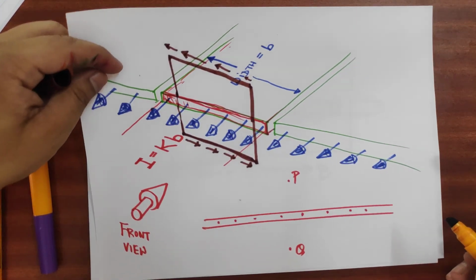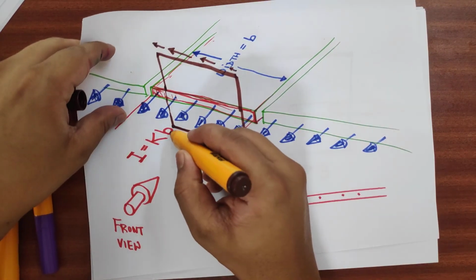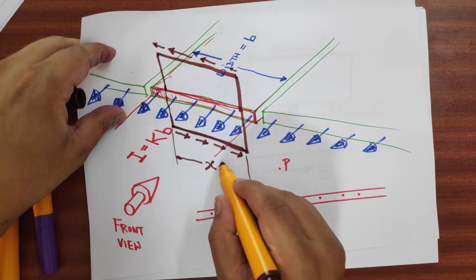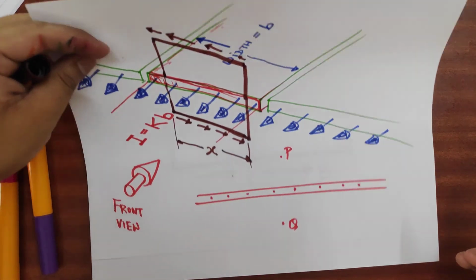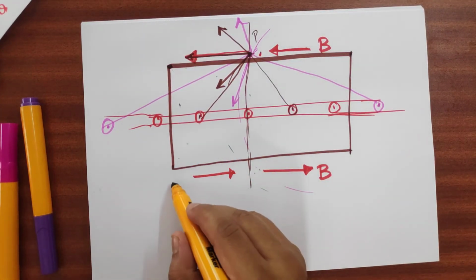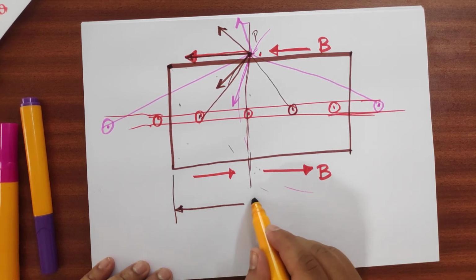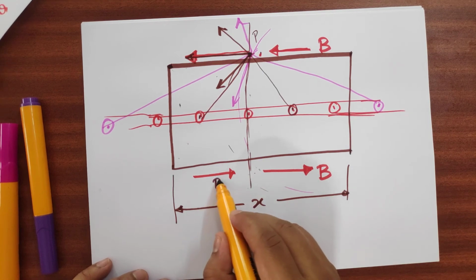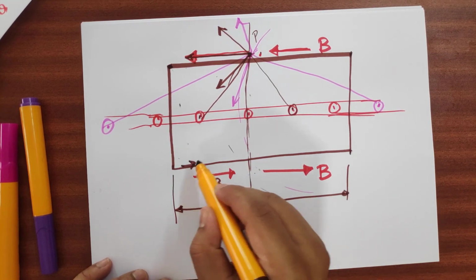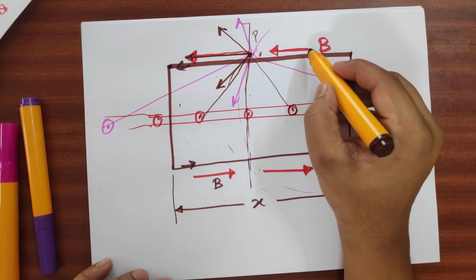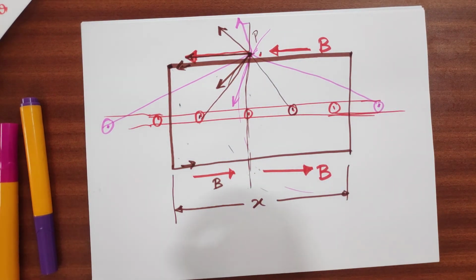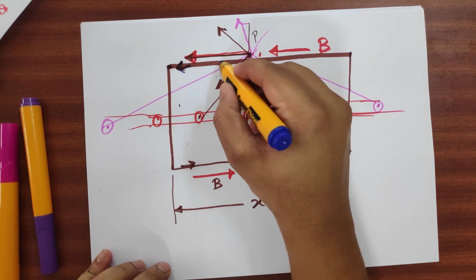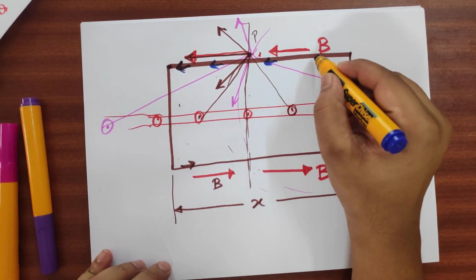Okay, and suppose we take this length as X. This is the Amperian loop here. The field is throughout in this direction. This is the direction of dl. Little dl comes here.